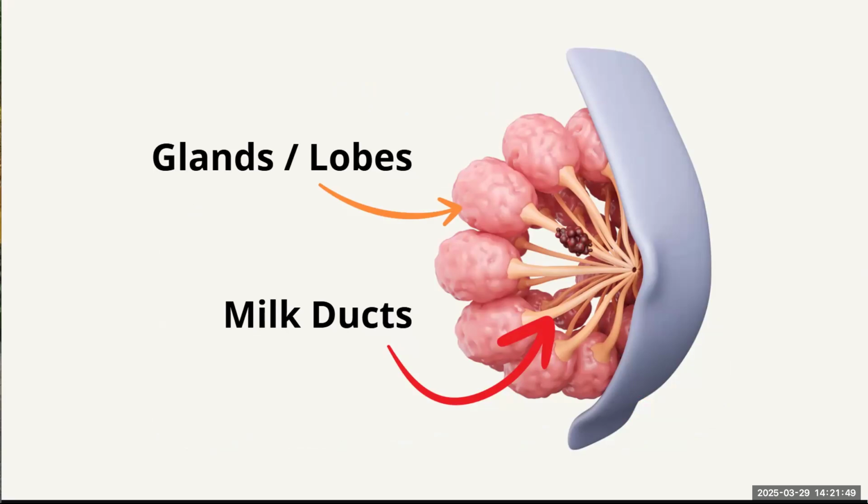The ducts are the transportation system through which those milk exit and are delivered through the nipple. So you can think of the ducts as thin straws. And it's similar to how you squeeze a sponge when you release water. The baby sucking motion stimulate that squeeze so that the milk flows out of the nipple.